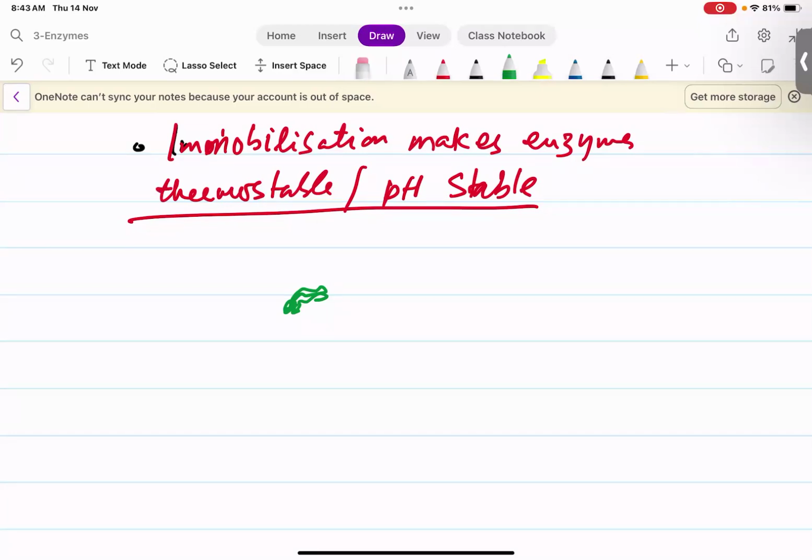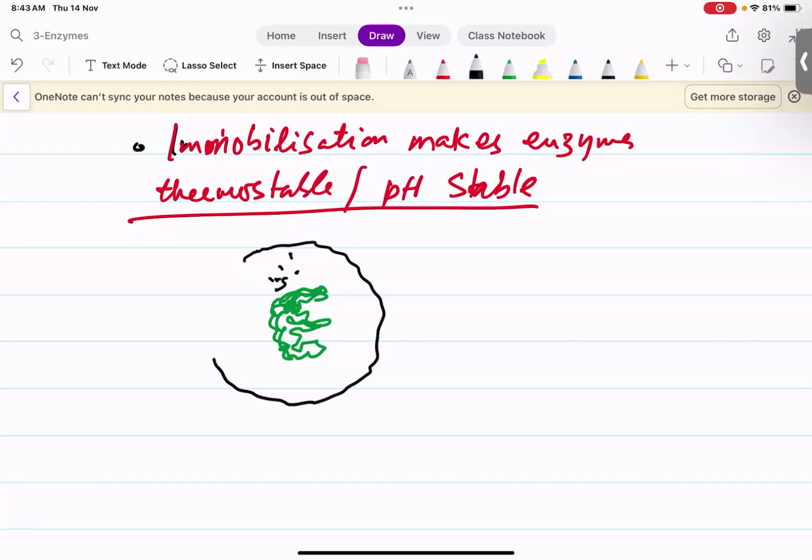So for example, if this is an enzyme molecule, it has been enlarged, and this is, you know, an alginate bead where this enzyme has been entrapped.